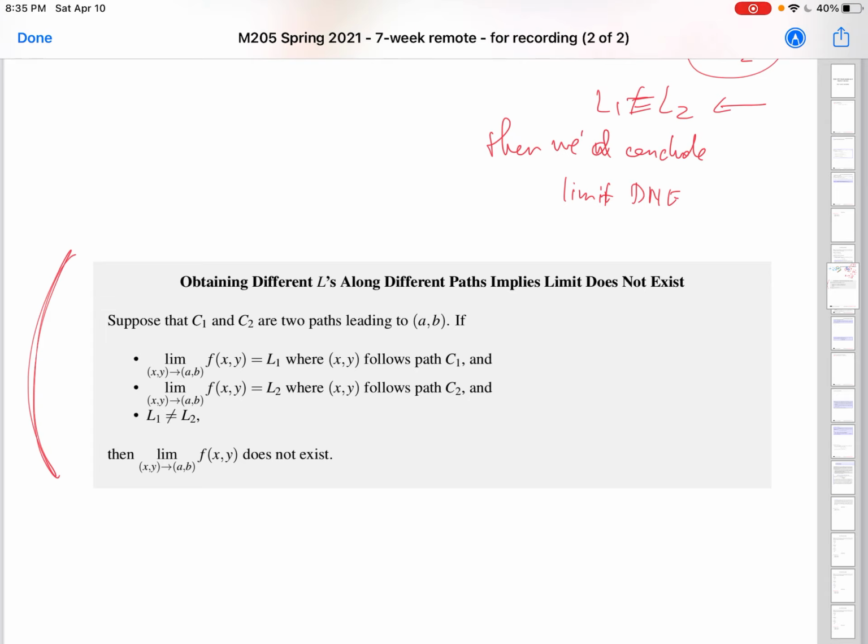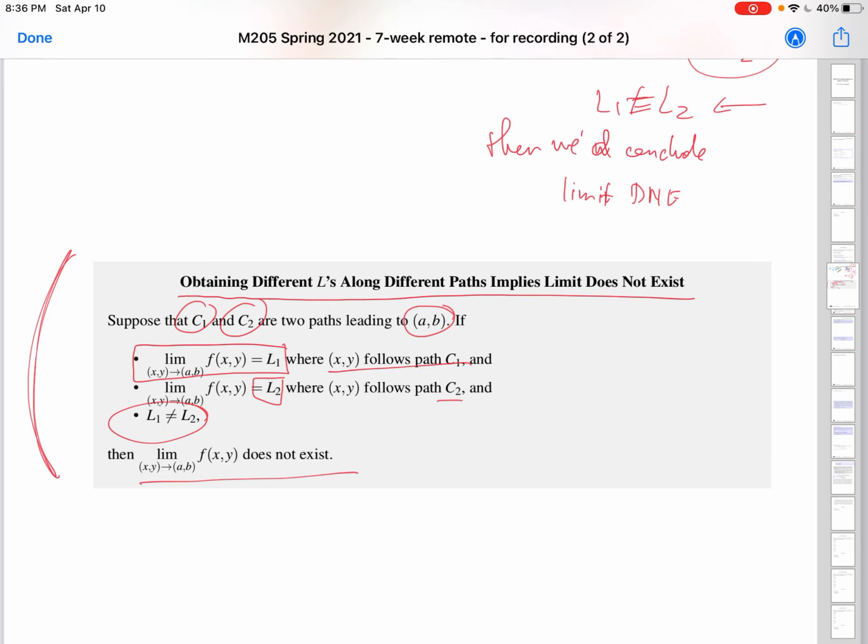The title is very illuminating: obtaining different L's along different paths implies the limit does not exist. Suppose C1 and C2 are two paths leading to (a, b). If you are able to calculate, and we'll do this in a minute, that the limit is L1 by following the first path, and you're able to calculate the limit is L2 by following the second path, and these two are not equal, then the limit does not exist.